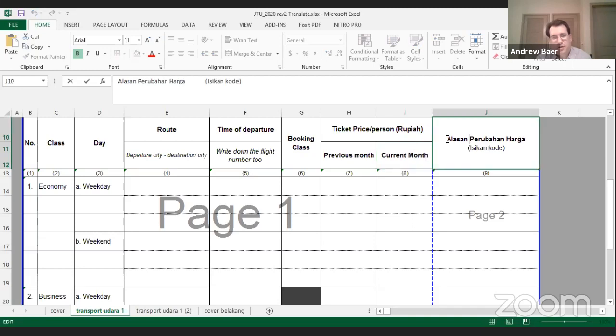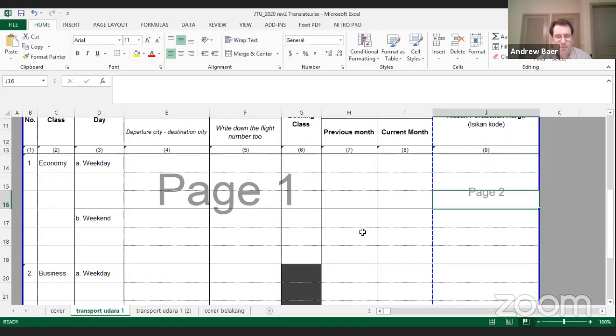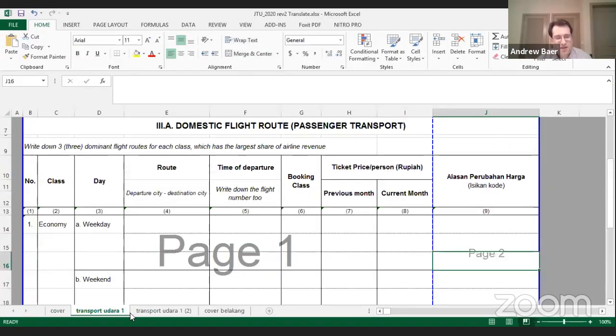I'm not sure how it works in Indonesia, if it is generally very simple prices. But I would guess for your large airline, they probably don't have a single price. Even for something like an economy class ticket on the flights that occur on Tuesday for a particular route and class, they probably still have a whole lot of different prices they charge, depending on, did you buy it online?